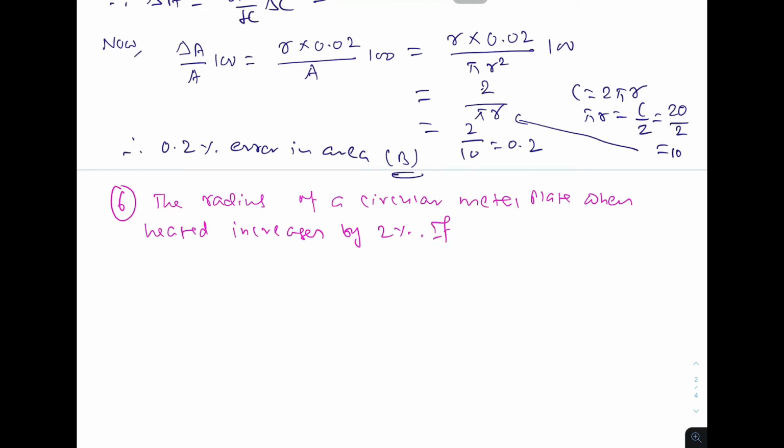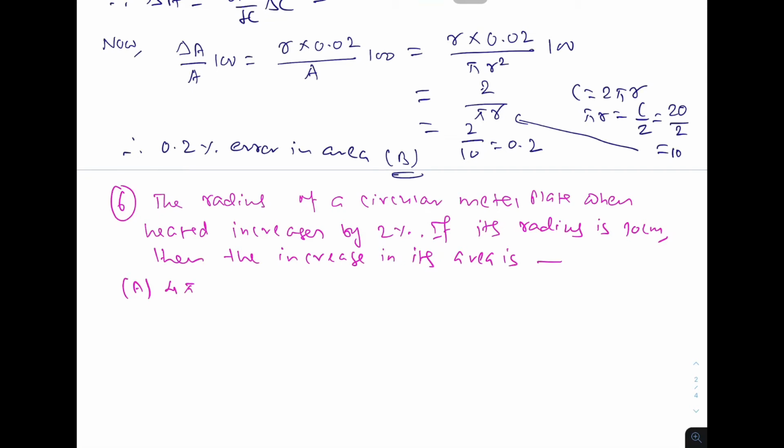If its radius is 10 centimeter, then the increase in its area is blank.